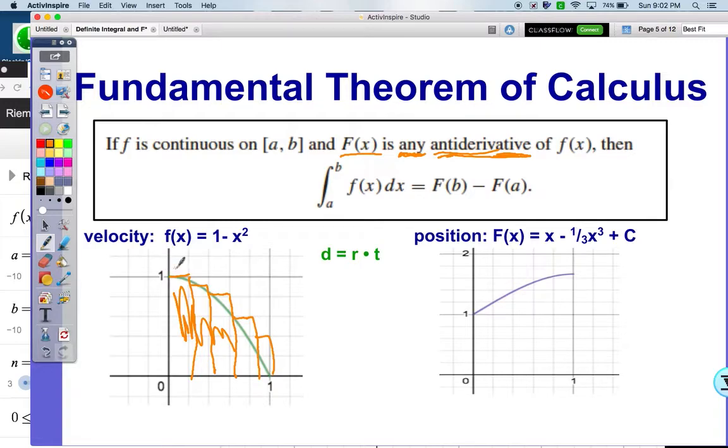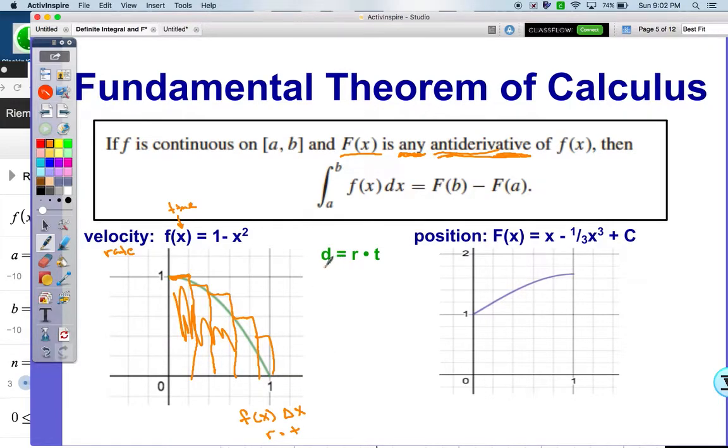But if you think about it, the velocity is a rate with respect to time, so our x is actually time in this case. And so our f of x are rate values, and our delta x are time values. So we have rate times time.